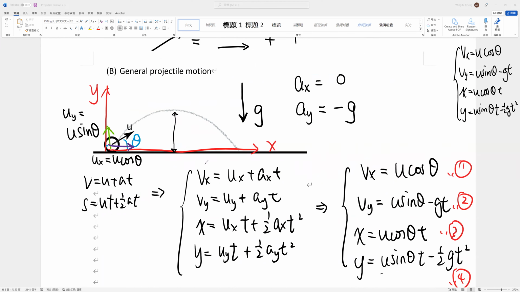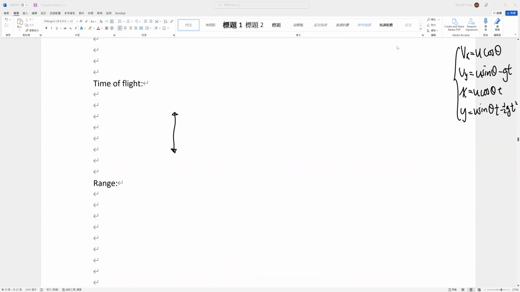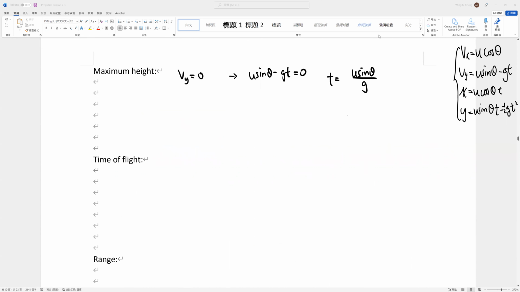The fourth one, is it? Because the fourth one is the vertical displacement. The third one is the horizontal displacement. For the maximum height, it should be the vertical displacement. Then we use the fourth one. So we use a symbol h for the maximum height.